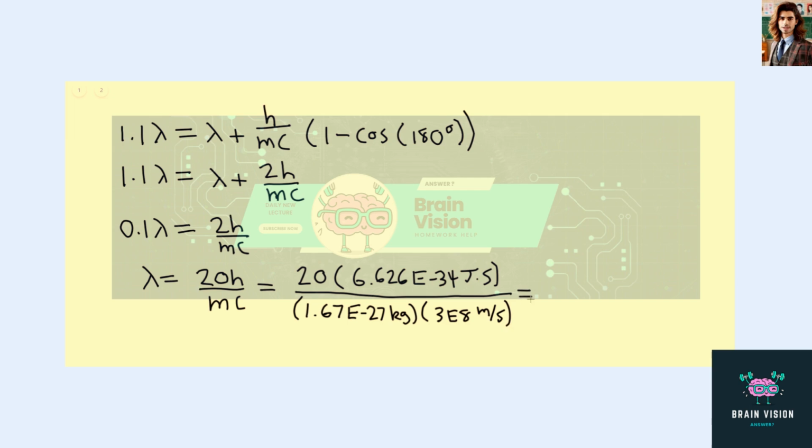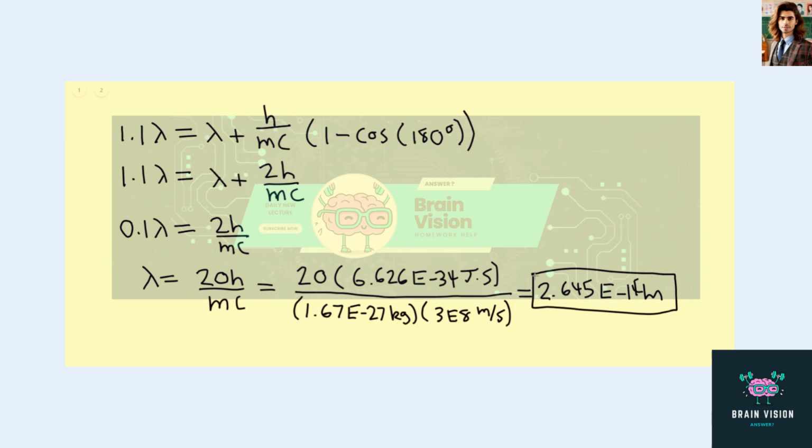Okay. And this number comes out to, taking a quick look at the calculator, 2.645 e negative 14 meters. So here's the result to box.